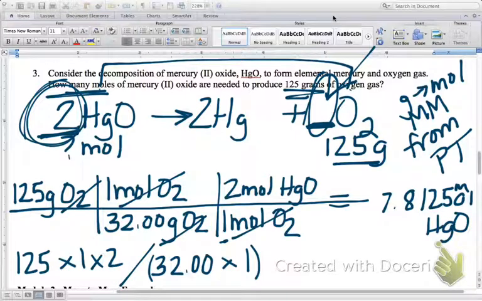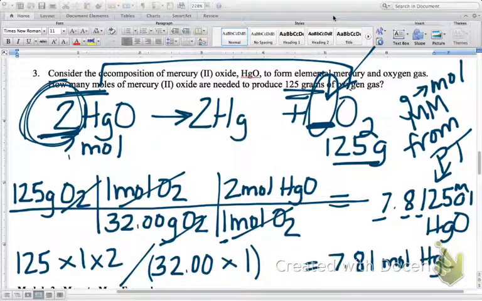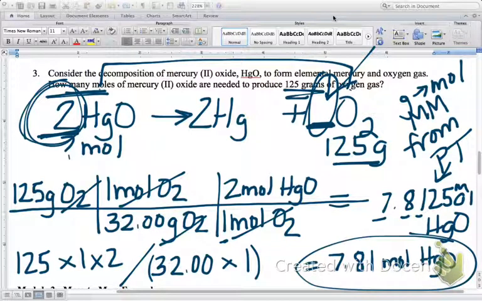Okay? But I need to round that to 3 significant figures. So 1, 2, 3. How does that 2 tell me to round my 1? Up or down? 2 tells me to round down. So this ends up rounding to 7.81 moles of HgO. And there's my final answer.